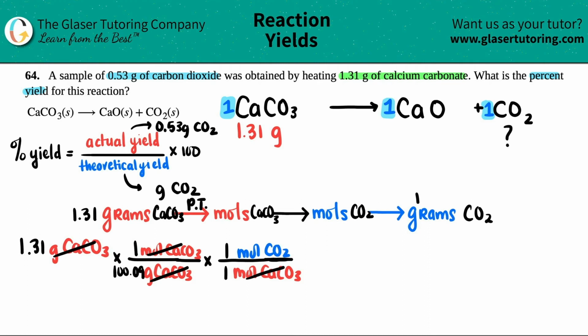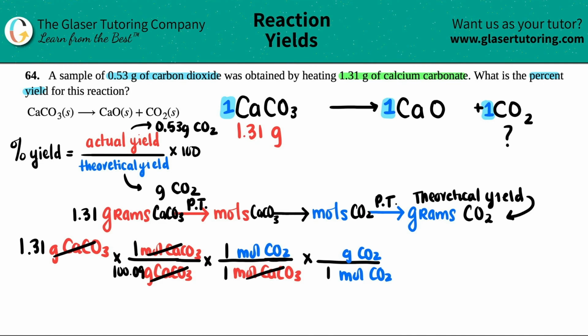This is the theoretical yield. So that's why we got to get there. So, multiply, put the moles of CO2 on the bottom, and put the grams of CO2 up on top. 1 mole, because this is the periodic table again. And maybe I'll just put this as the balanced equation.